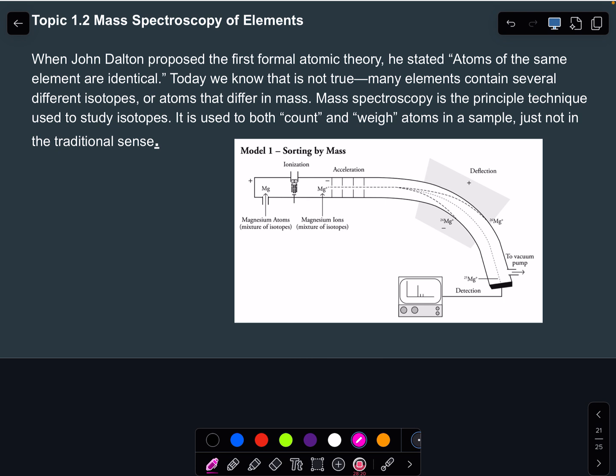Ionization. Sample. Yep. What would cause something to become positively charged? Yep. So think the sample's not a single magnesium atom. Think it's like a bundle of magnesium, right? It's like a whole bunch of atoms. Then they get turned into a whole bunch of magnesium ions that are all positive.